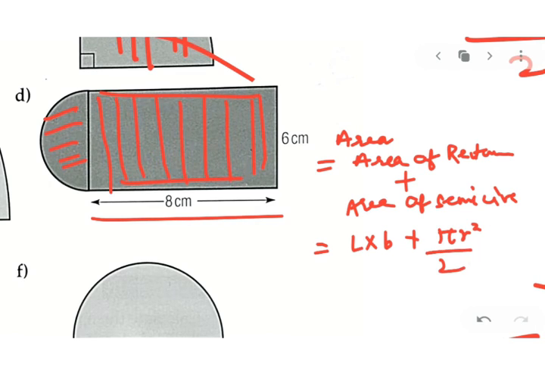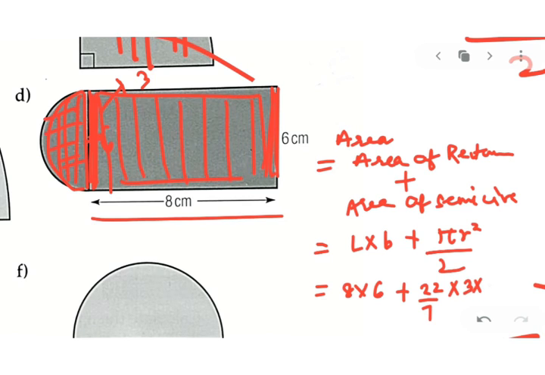Got my point clear? For rectangle, you have the dimensions 8 into 6, plus here if you notice, if this side is 6, so we will say this is the opposite side in a rectangle and that will be 6 also. But that is a diameter of your semicircle and half of it will be called as the radius. So can we take radius as 3? Yes. So you have 22 upon 7 into 3 and down 2.